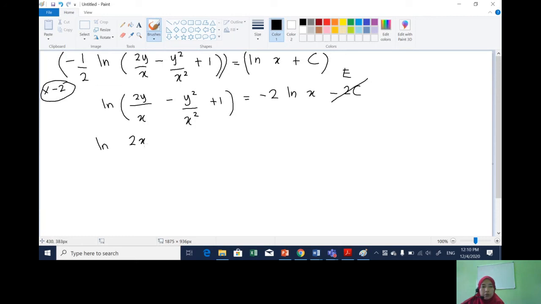So we have 2xy, first fraction times x over x. So the denominator will be x to the power 2. Then we have minus y squared plus x squared over x squared.